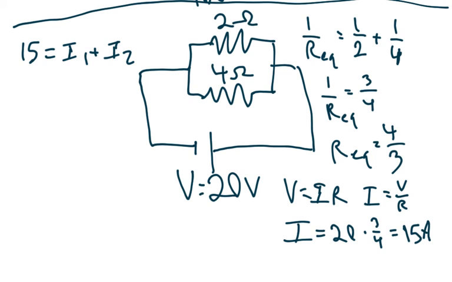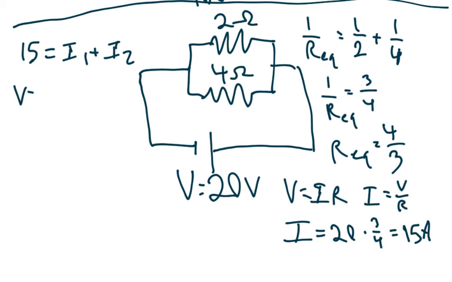Now I gave you each of these resistances, and we also know that the voltage across each of these resistors is 20 volts, because in parallel, voltage across each resistor is going to be the same as voltage across the whole circuit. So now we can actually use V equals IR for these individual resistors in order to figure out what the current is. So actually, we didn't even have to figure out the whole current.